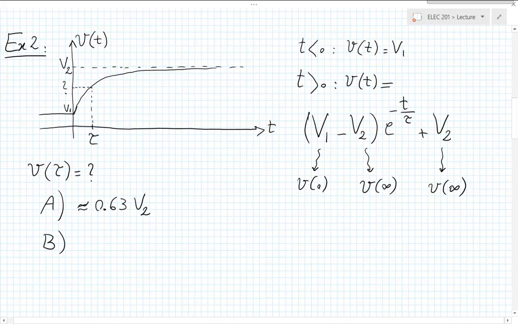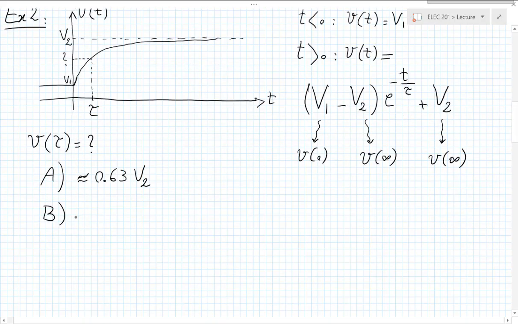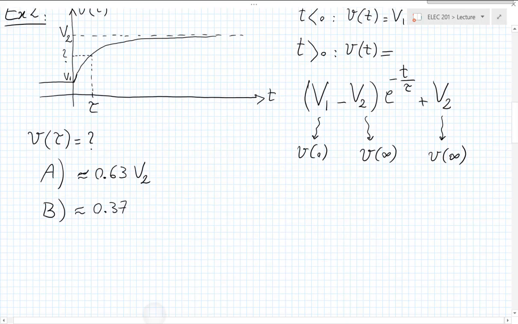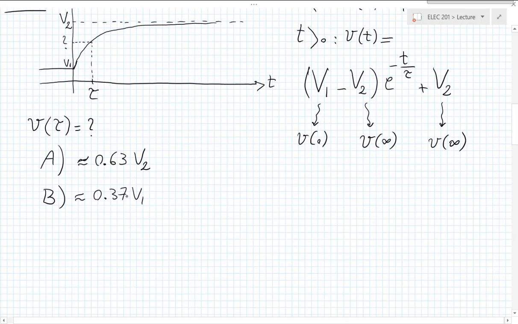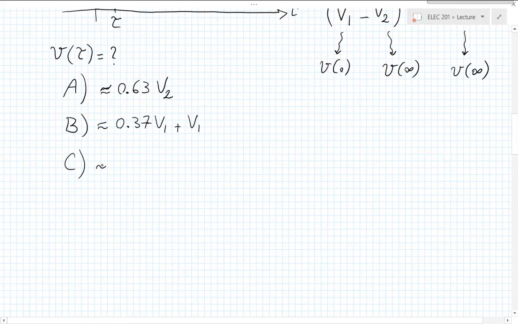Any other suggestions? So 0.37 V2 plus V1. Any other candidate? OK, so you're saying 0.37 V2 plus V1.